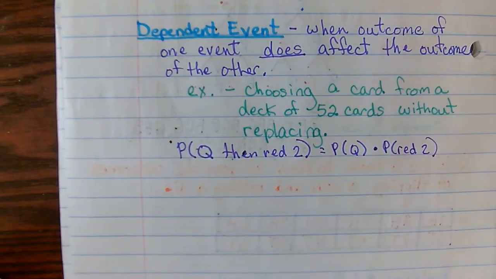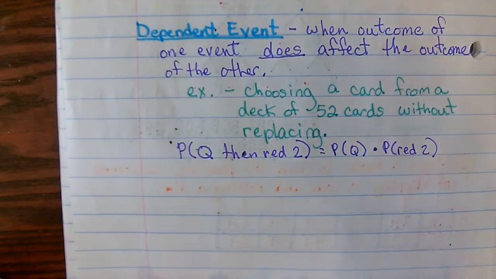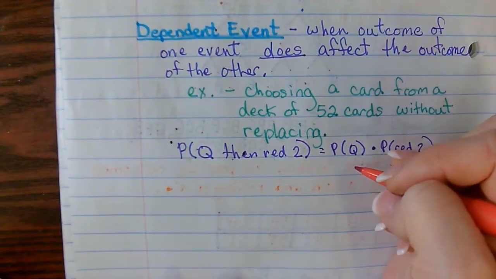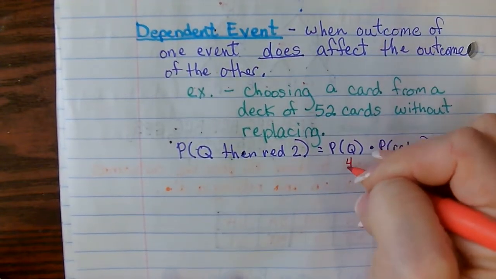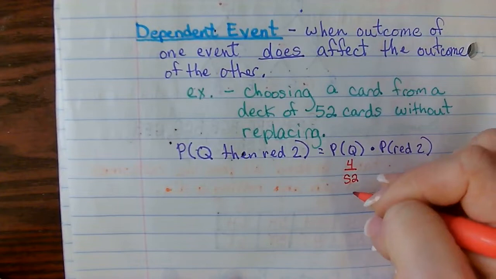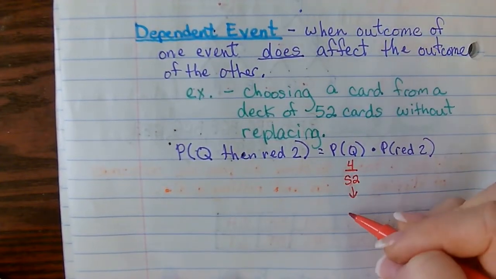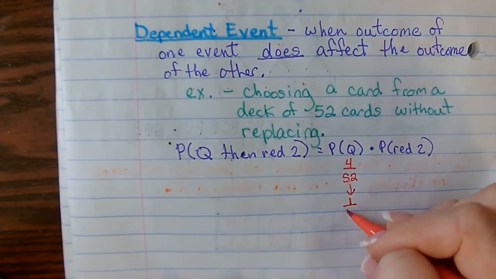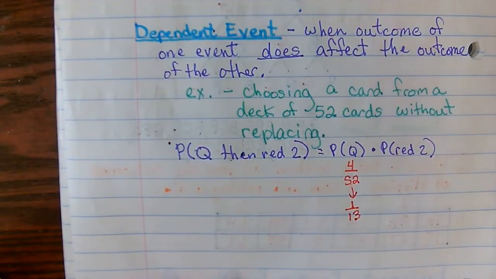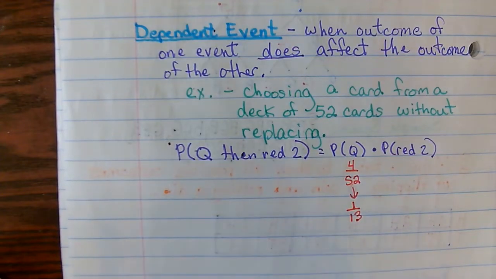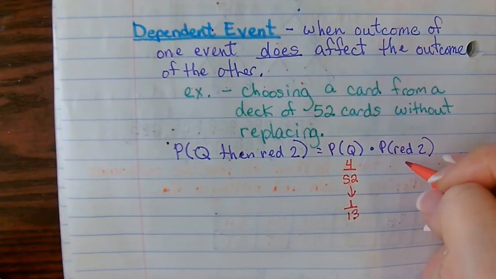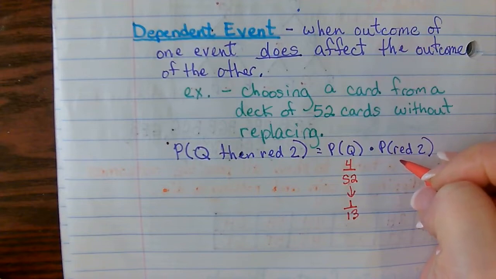Alright. Probability of Q, well, there are 4 queens in a deck of 52 cards. And 4 52nds simplifies to 1/13. Okay? And then the probability of a red 2, there are 4 suits in a deck, and of those suits, 2 are red.